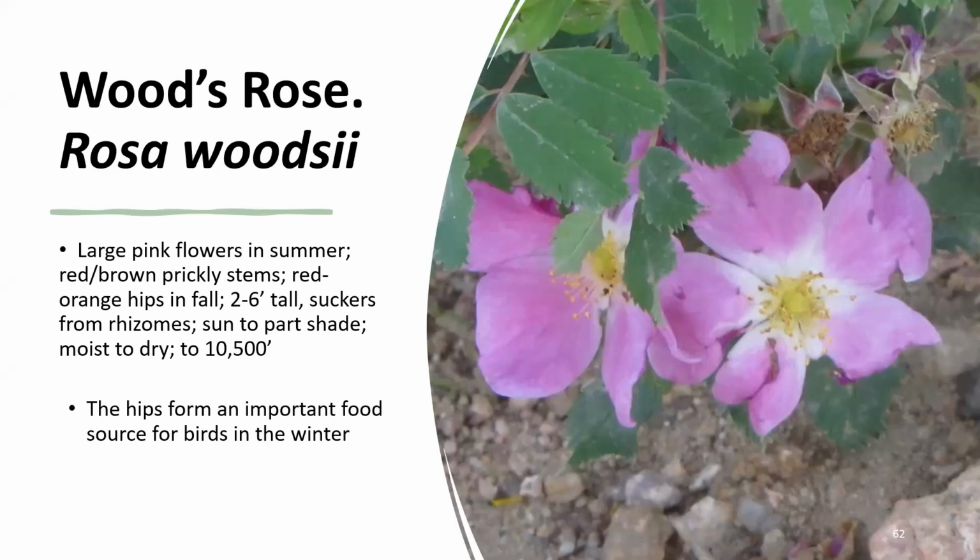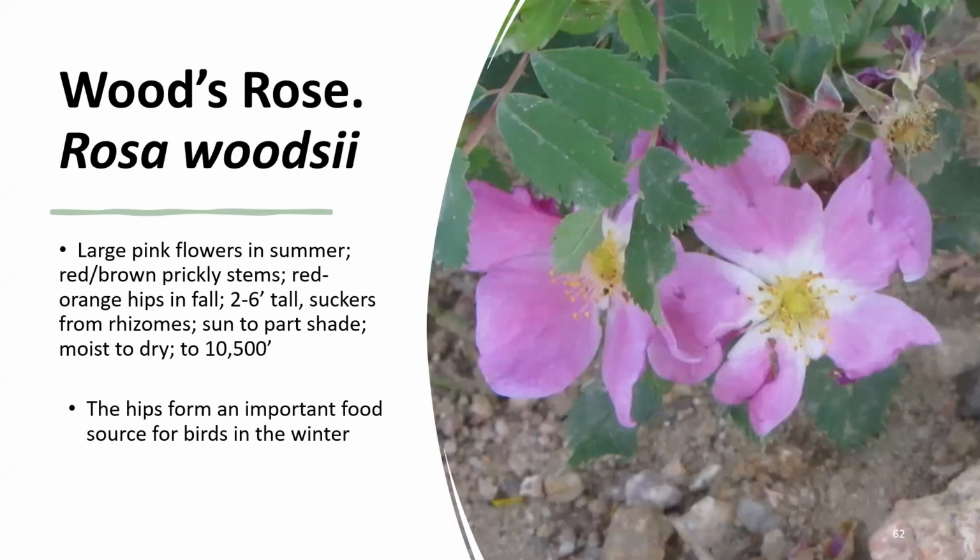Rosa woodsii is not a big showy rose like the ones you buy in the supermarket or garden store in the summertime or spring. However, you have probably noticed that those roses have had the scent bred out of them. This has the fragrance like your grandmother's rose garden.